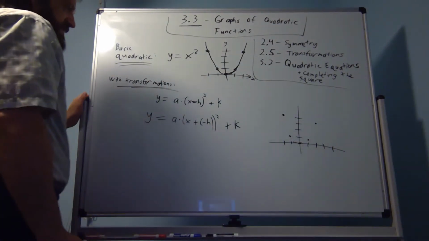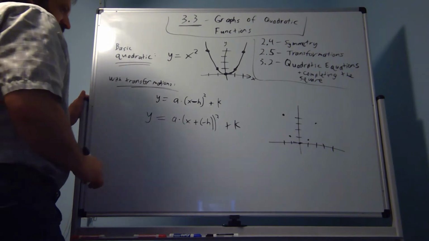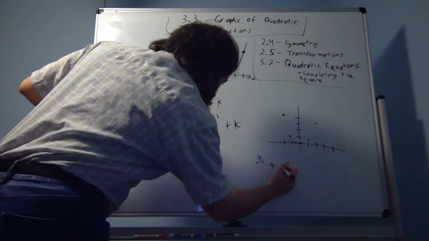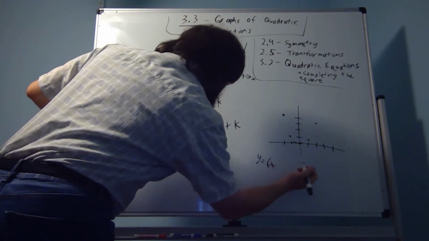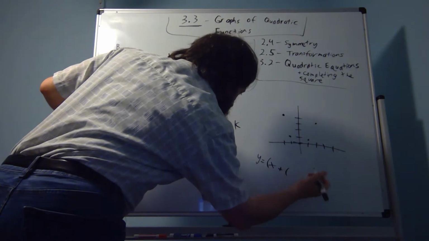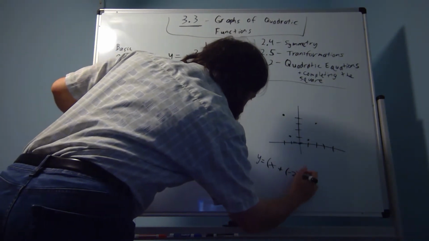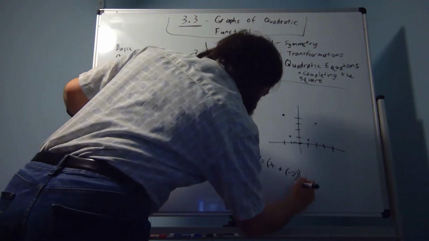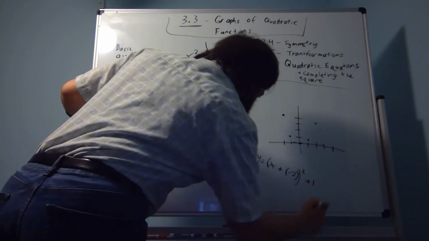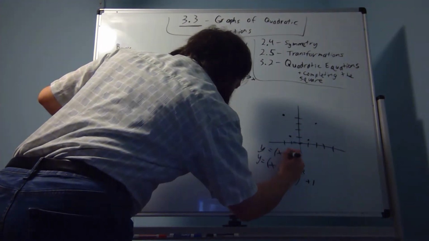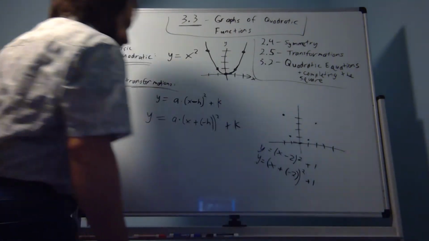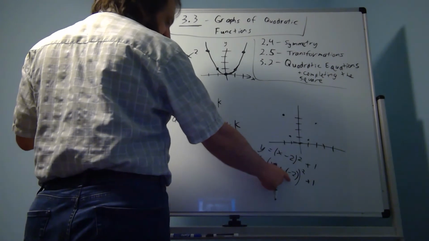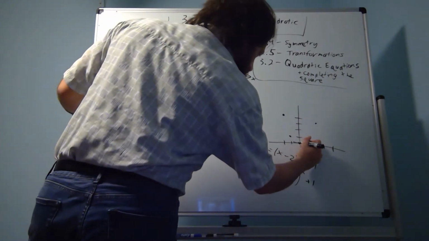All right, let's just start with a is equal to 1, but let's do y equals x plus something. So we start with the original, y is equal to x squared.